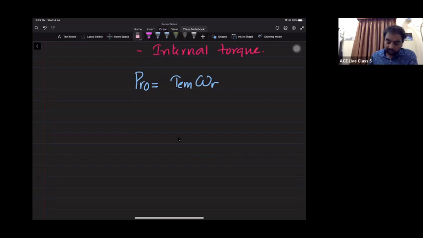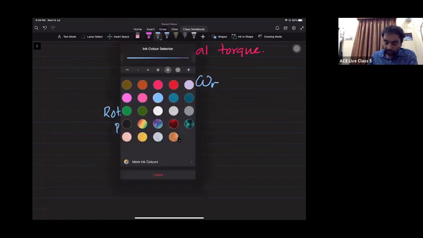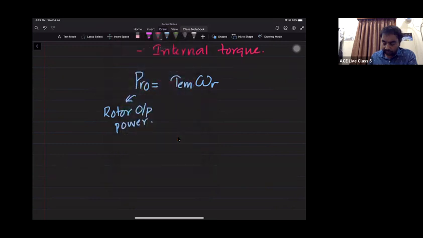So here it is the rotor output power, and this is the electromagnetic torque. I need to find out the magnitude of the torque.